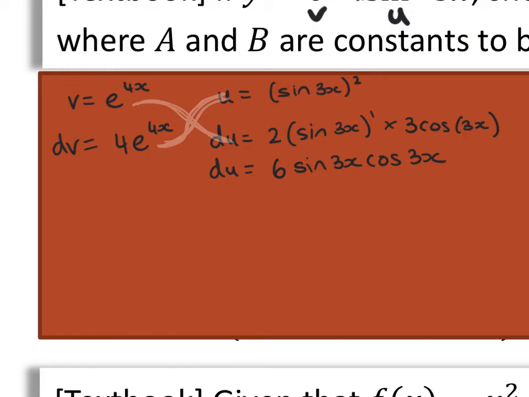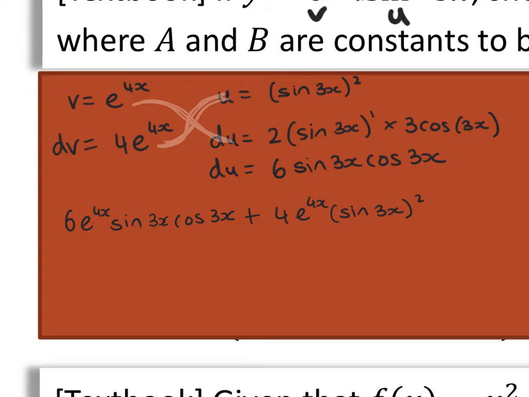So v du gives me 6e to the 4x sine 3x cos 3x, plus u dv, which is going to be 4e to the 4x sine 3x squared. Perfect.